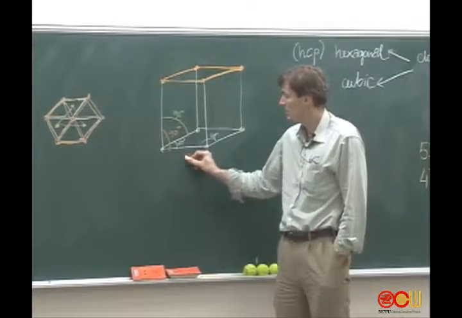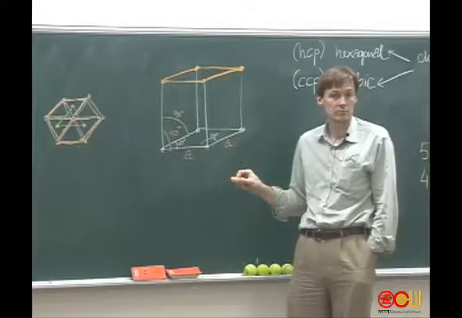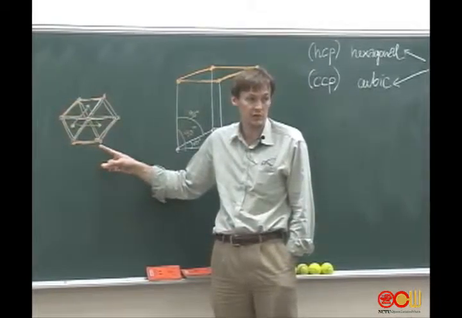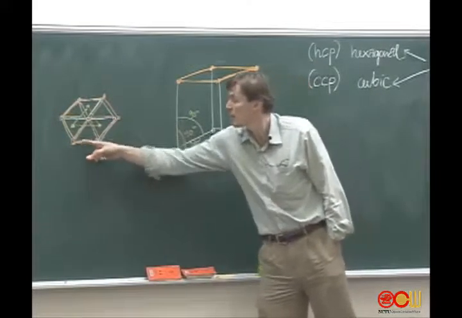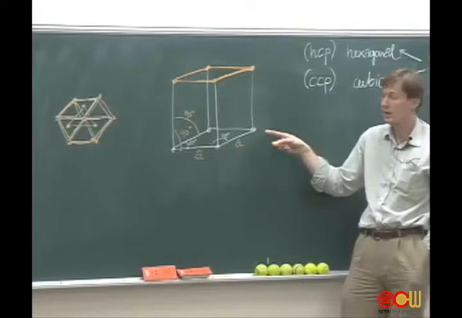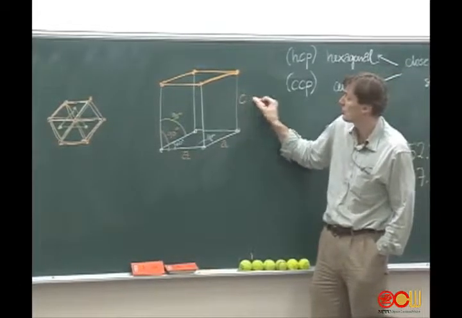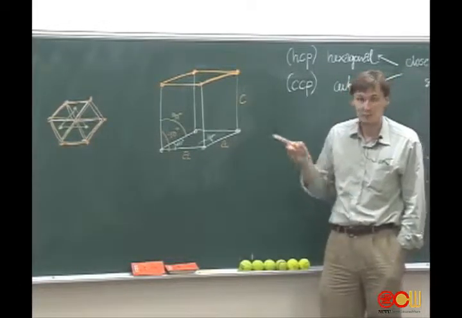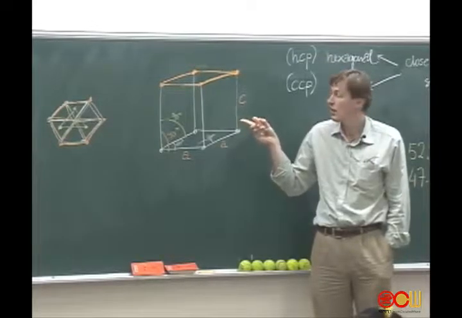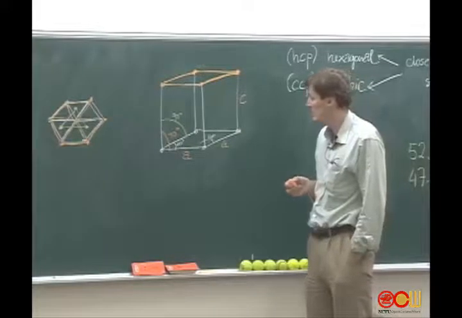Now this one and this one have the same length because there's an equilateral triangle. So this one and this one must have the same length. This and this are the same length. But this one is different. Everybody can see this. This is perfectly the hexagonal structure that we drew in the last class.